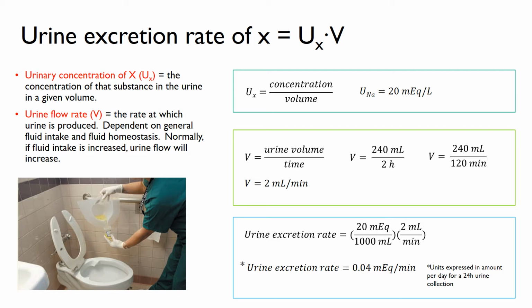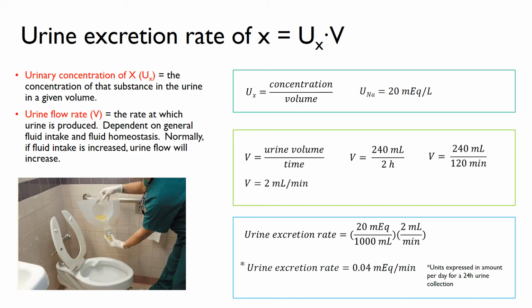V is 2 mils per minute. Now, you've got to make sure your units are the same so that they can cancel out. You multiply and then divide, and you get a urine excretion rate of 0.4 milliequivalents per minute.